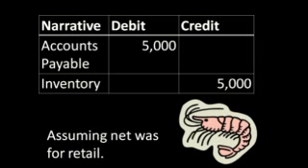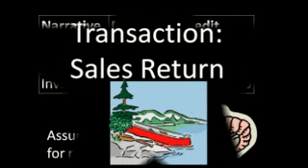There will be a decrease in the amount that Bubba owes. His liabilities are reduced. To reduce the liability account, we debit the account. Accounts payable, the liability account, is debited with $5,000. Inventory is credited with $5,000.